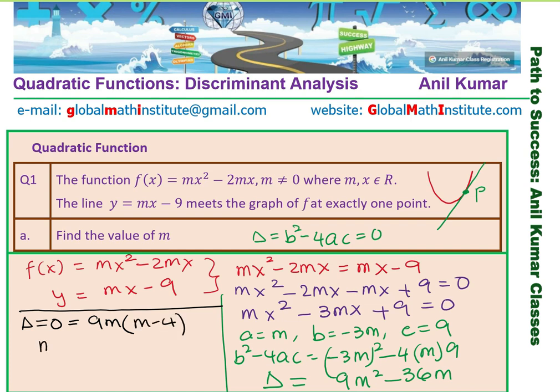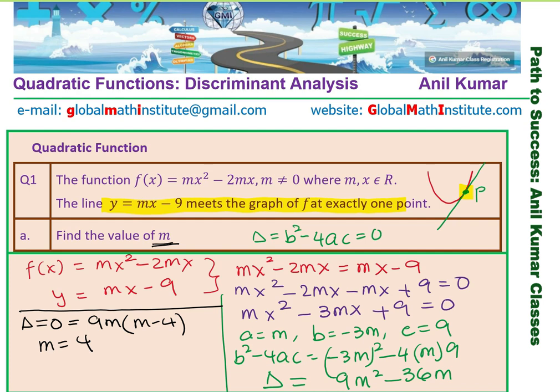So therefore, for m equals 4, we have a point of tangency. So to find the value of m, we know m should be equal to 4, so that the line y equals mx minus 9 meets the graph at exactly 1 point, as shown here. So m has to be 4.